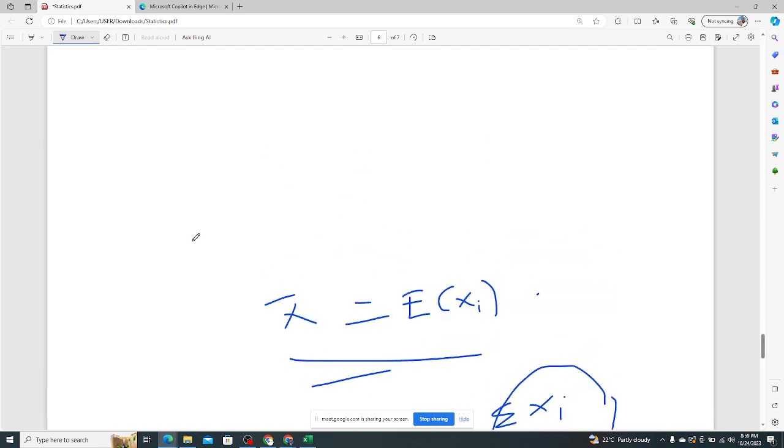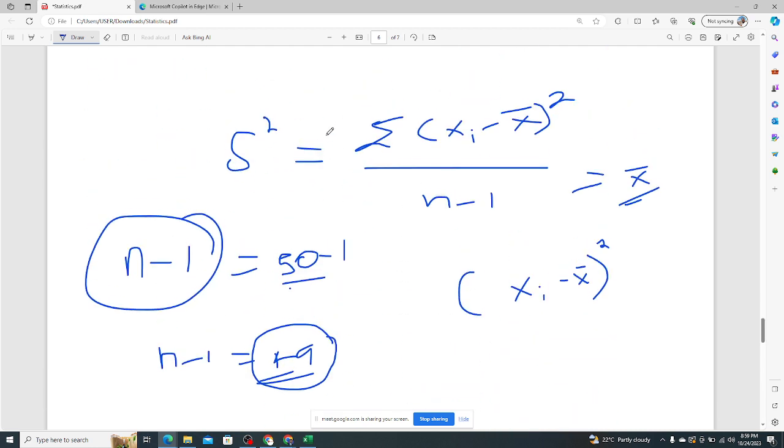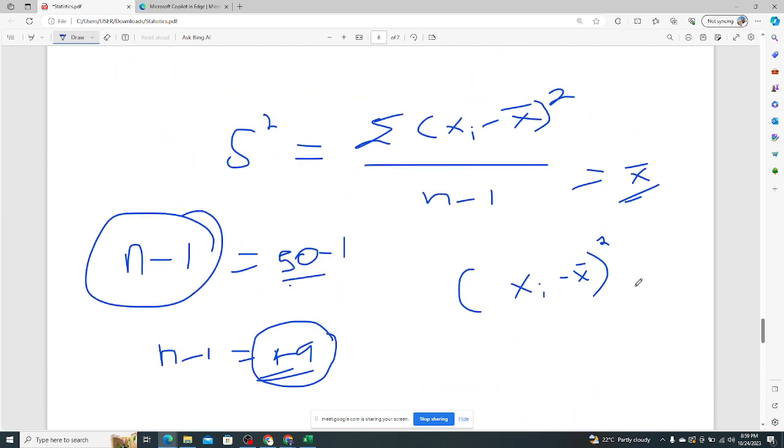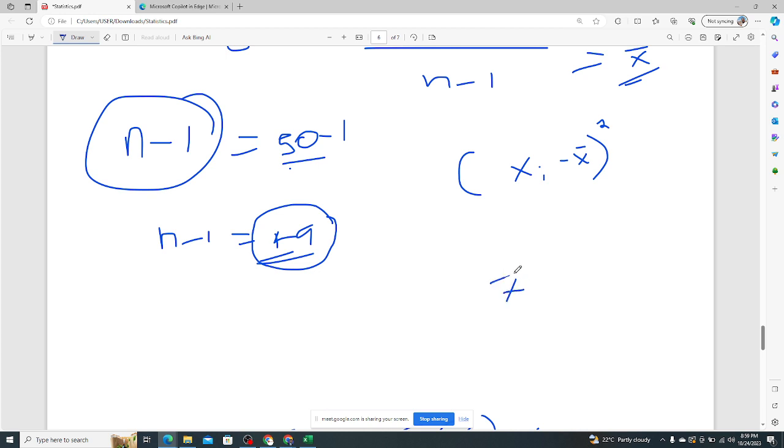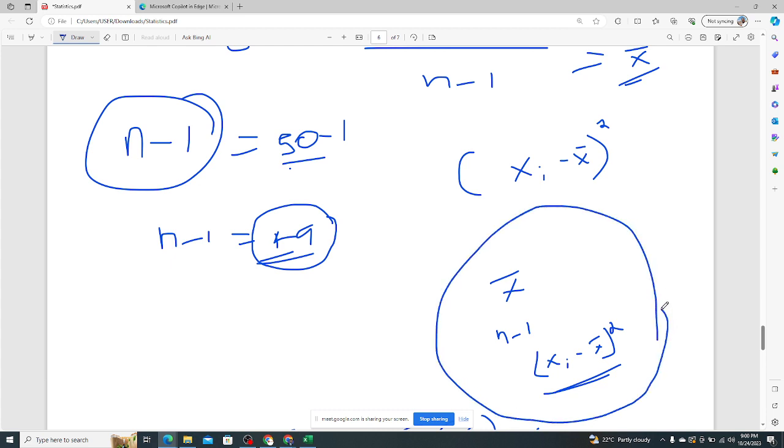So for us to have the variance, we'll need x bar, we'll need n minus 1, and we will also need xi's minus x bar squared. So this is now the mathematical approach of variance.